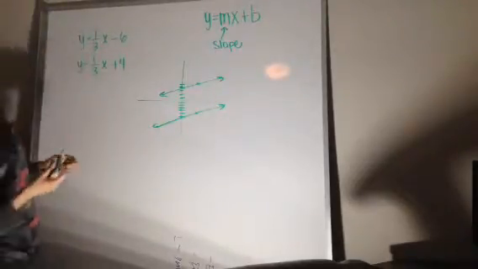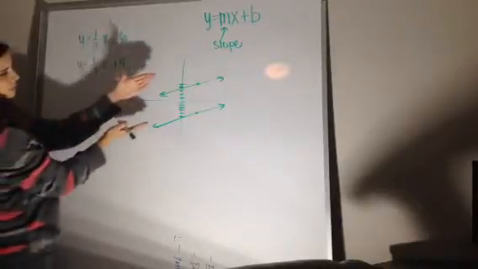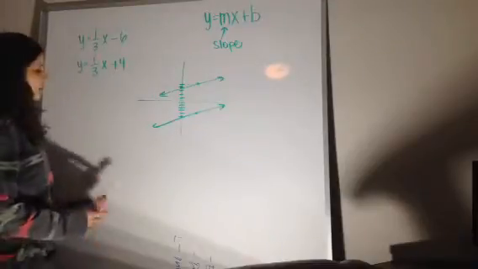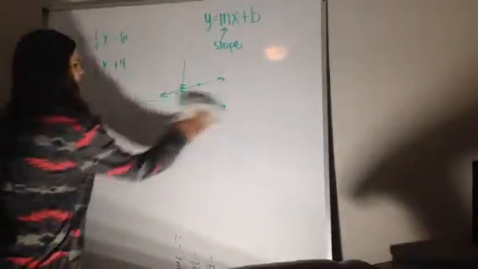So if my lines were perfect, which they're not, but if they were perfect, they would be parallel, and that means that they will never cross. Okay, so what if I have something like this?